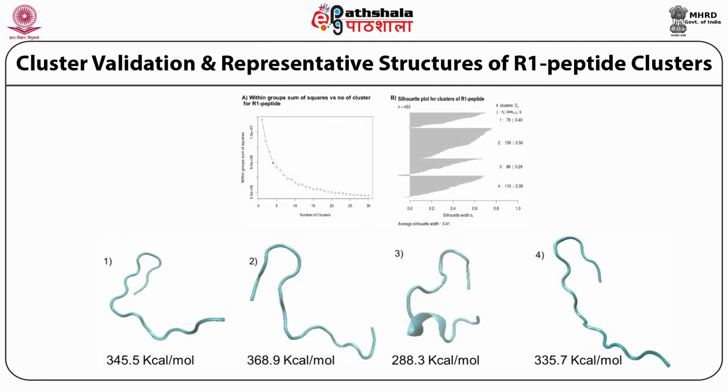For cluster validation, many conformers exist, and here only the 4 highly populated conformers are shown by this cluster analysis on the top. These 4 high-density conformers all look like different structures, and they are stable structures because all of them have negative energy values, which is stated here.